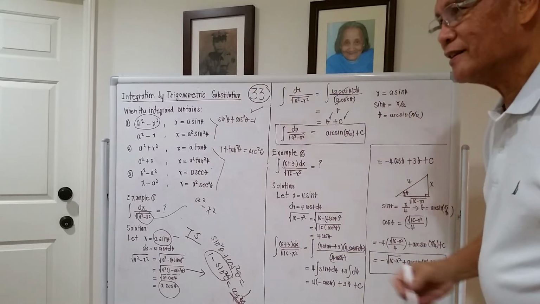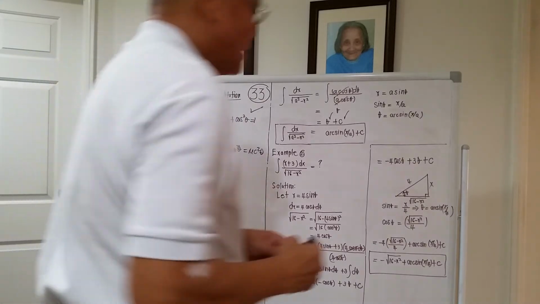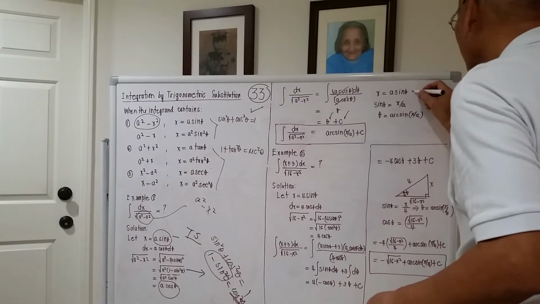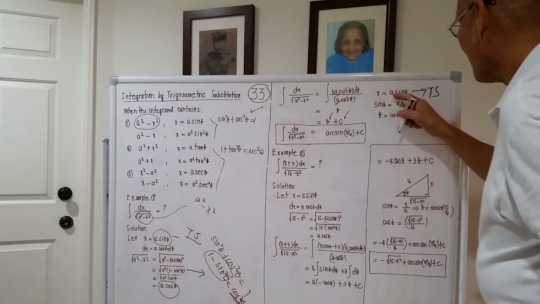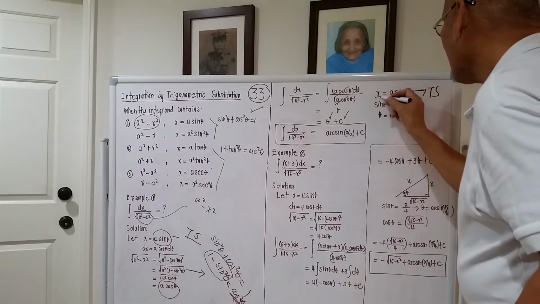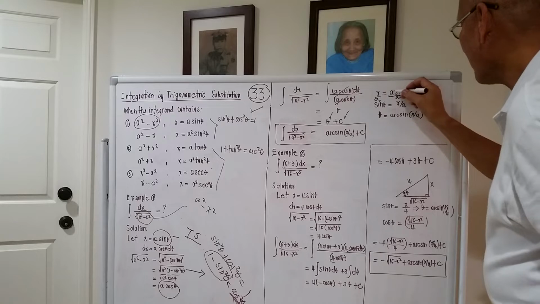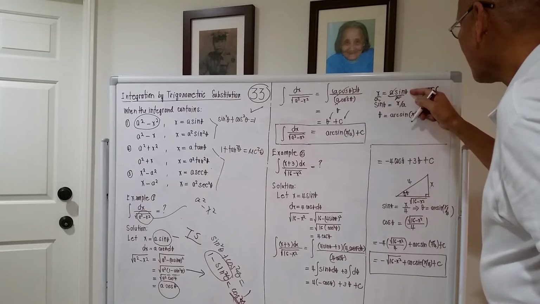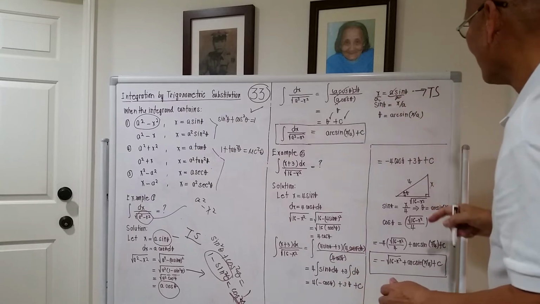But what is theta? From our trigonometric substitution, x is equal to a sine of theta. If we divide both sides by a, the right hand side cancels. Sine of theta, we place it on the left, therefore sine of theta will be x over a.